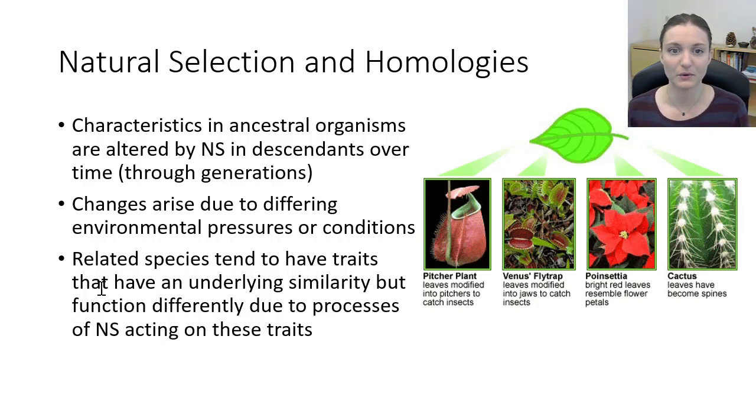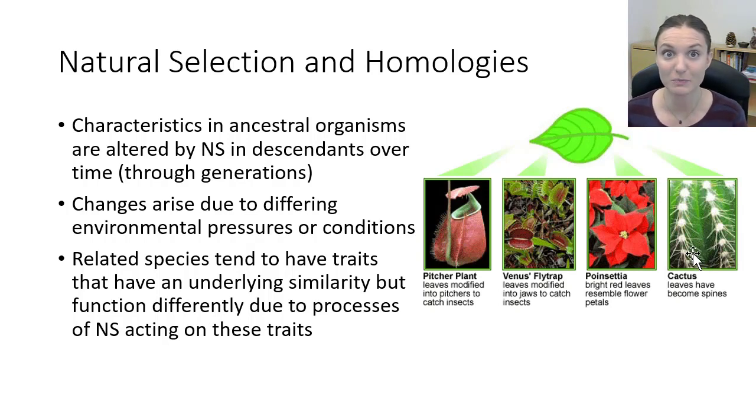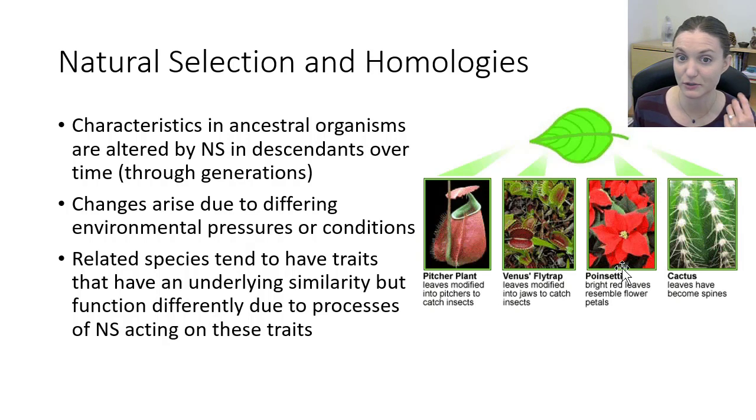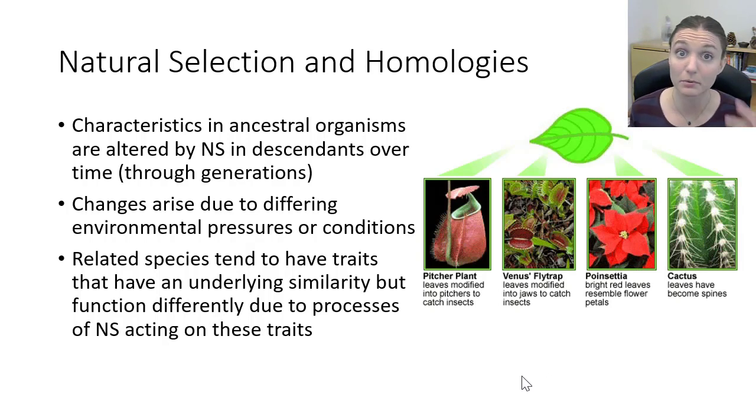So all of these plants have leaves, but due to natural selection, some plants' leaves have changed shape to form spines, because those spines were advantageous in that environment. In some plants, leaves have been selected to look like petals, because those bright red petals were long lasting and advantageous in that specific environment. Same basic structure, but used in new and different ways based on the environmental pressures that group faced.